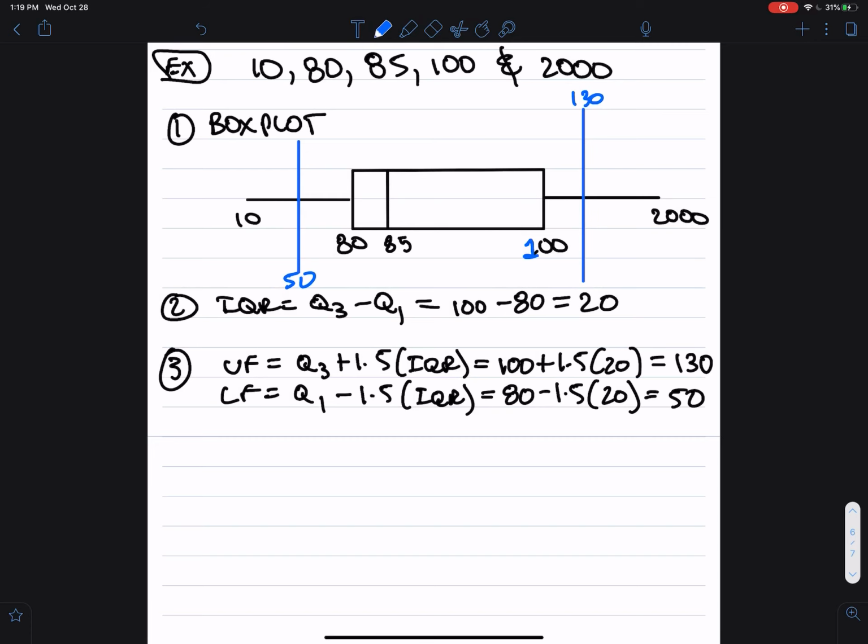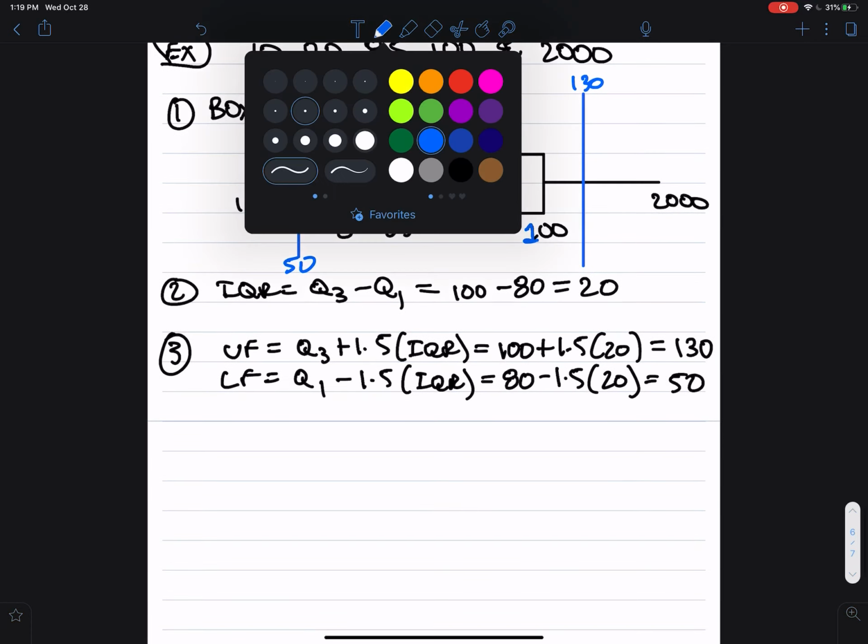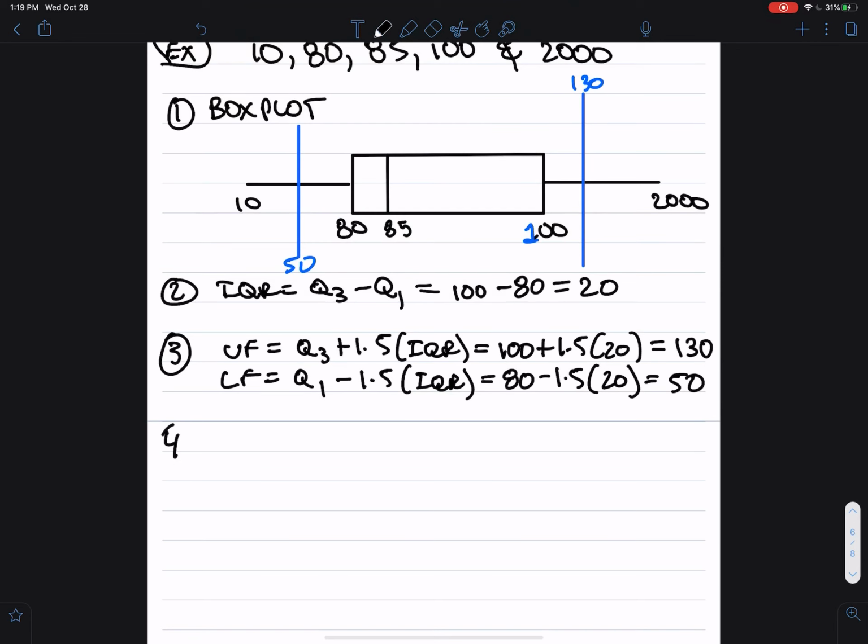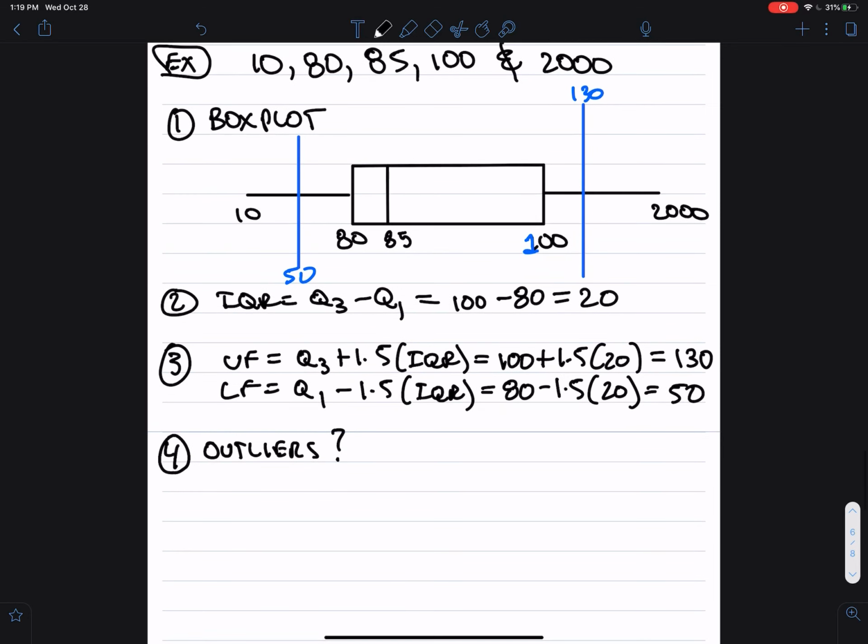So the last question I'm going to ask you is, are there any outliers? The outliers are going to be, I'm going to highlight them. Anything outside the fence is an outlier.